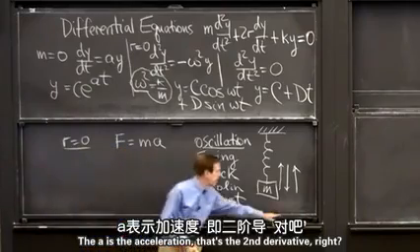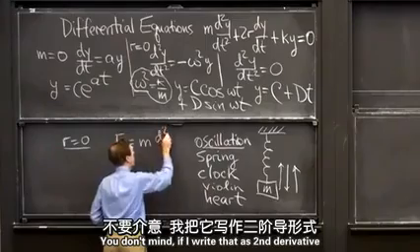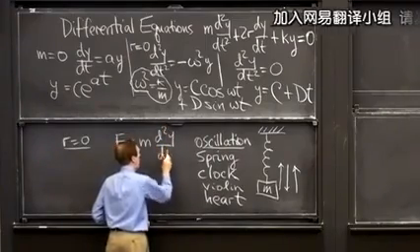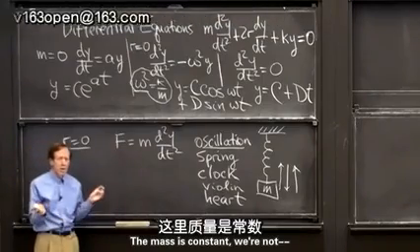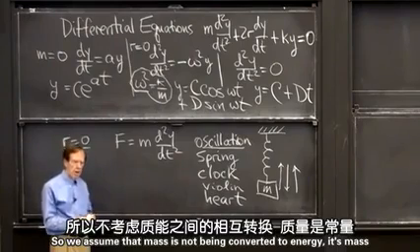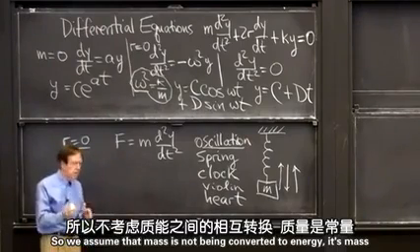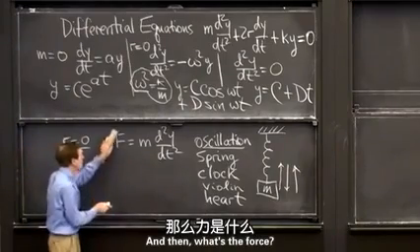That's the second derivative, right? You don't mind if I write that as a second derivative. The mass is constant. We're not going at the speed of light here, so we can assume that mass is not being converted to energy. It's mass.